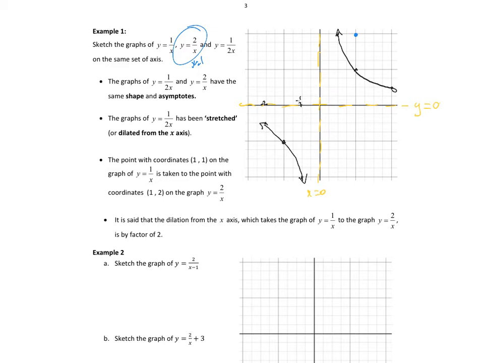So my graph doesn't quite let me sketch that high, but it's up there somewhere. And if x is equal to 2, well, y would be equal to 1. So you can see that my graph is just twice as big.